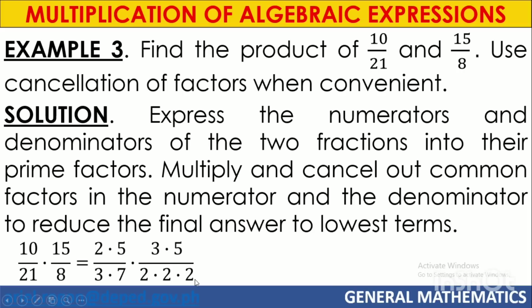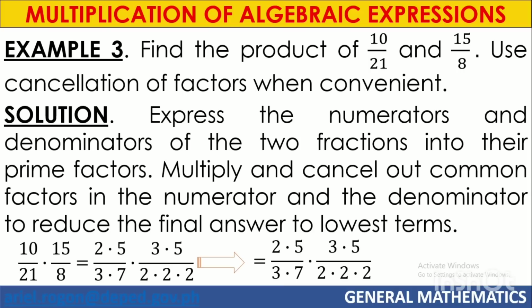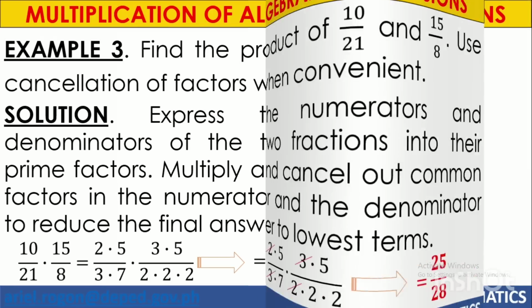As I said, we can cancel there. Therefore, we can cancel the 2 and the 3, that's all. What remains in the numerator is 5 times 5, that will be 25. In the denominator, we have 7 times 2 times 2, that is 28. So the final answer is 25 over 28.